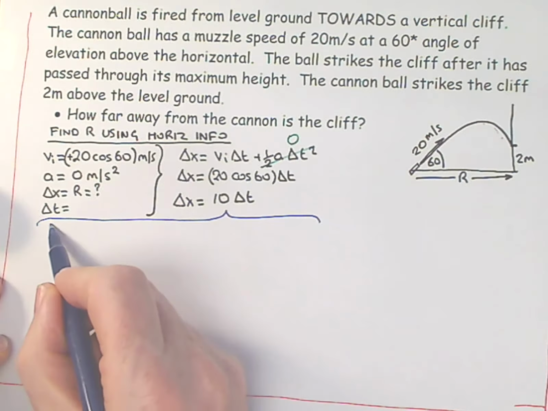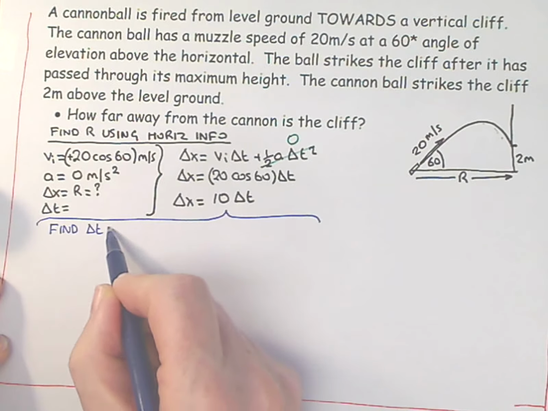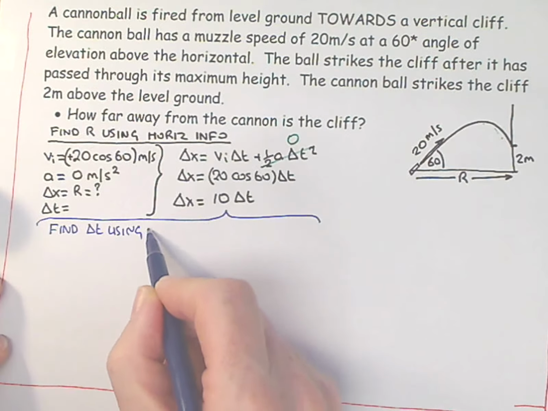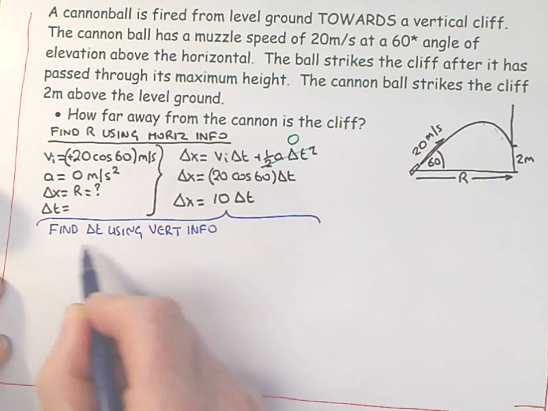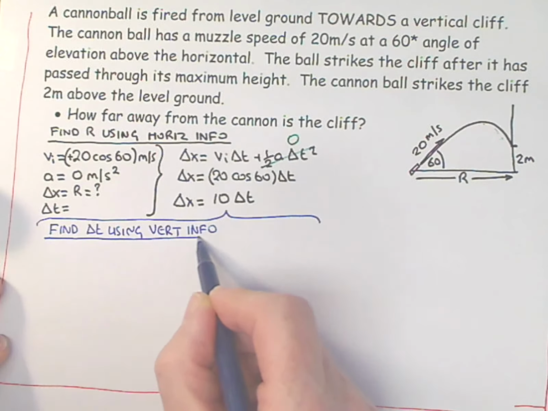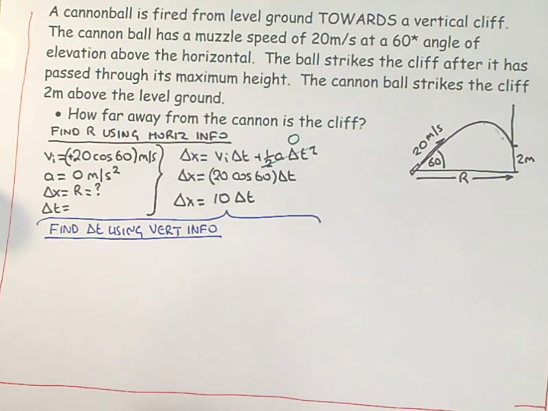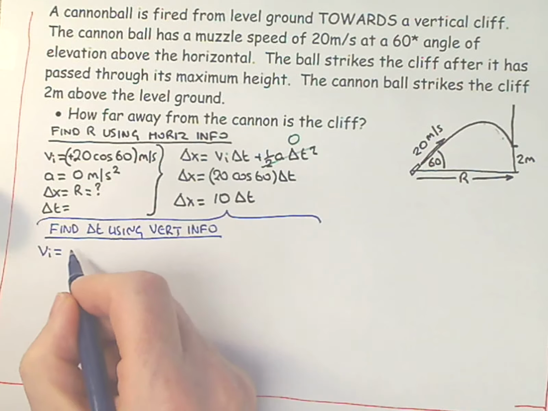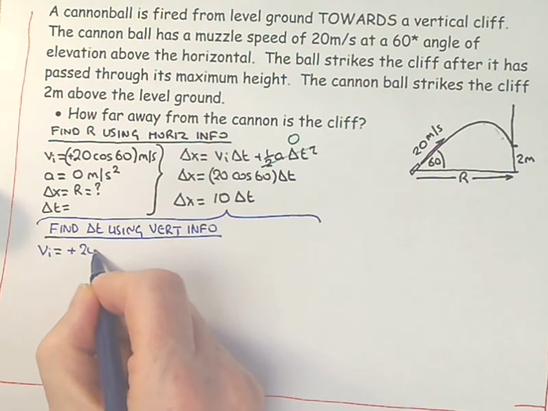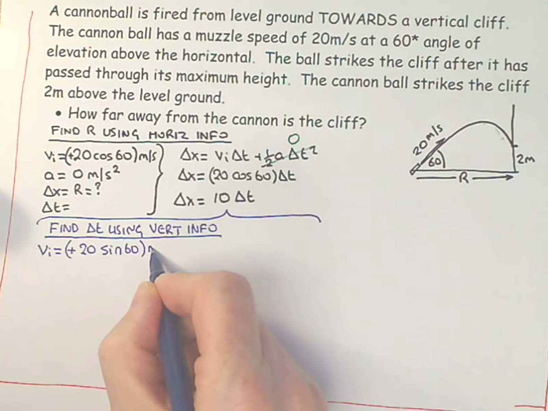I'm going to say find delta t using vertical info. I already tried the horizontal and I didn't know delta t, so I go to my next possibility, which is my vertical information. And I make my list and I say vi is equal to plus 20 sine 60 meters per second.